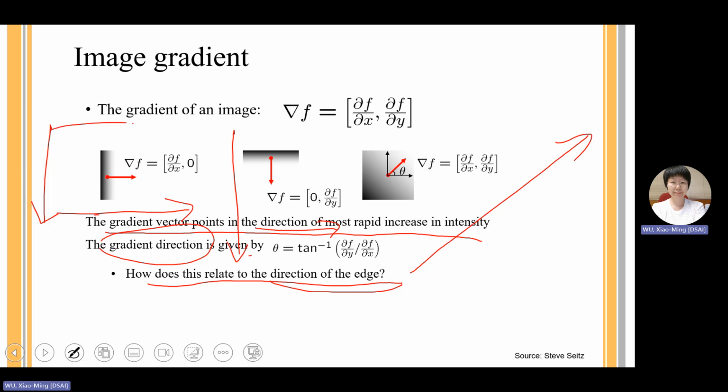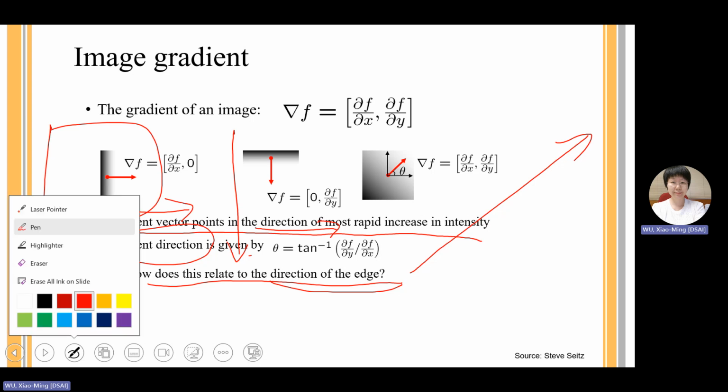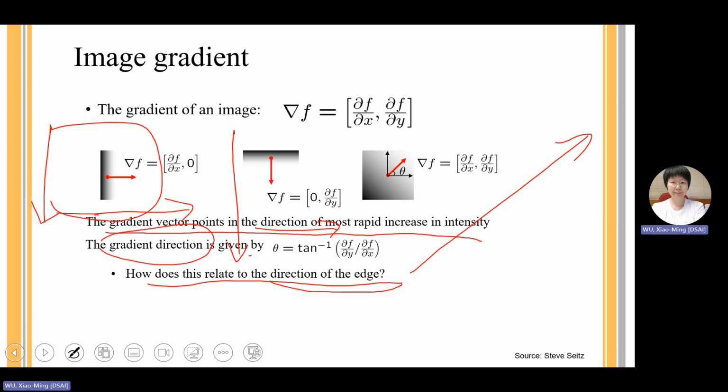For the first image, where is the edge? There are only vertical edges, right?